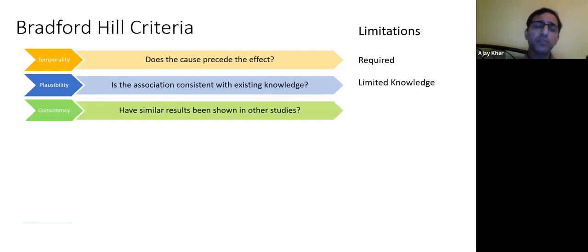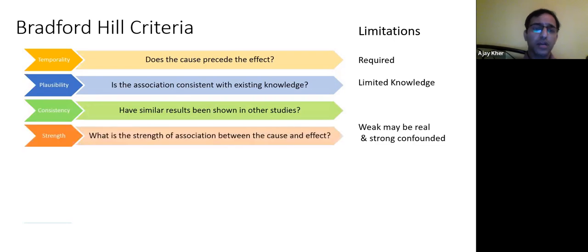Consistency: you want multiple studies to show similar results, and that increases the possibility that the cause and effect you're trying to assess is real, if you find it in multiple studies, all of them showing the same result or the same association. Strength.